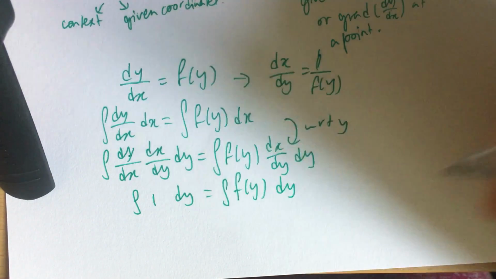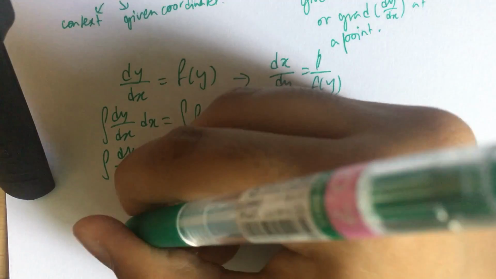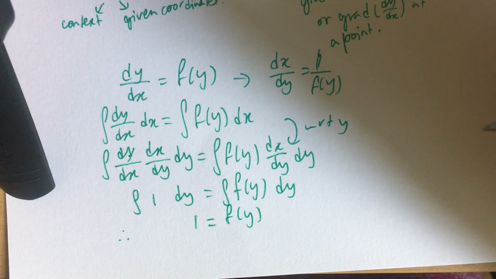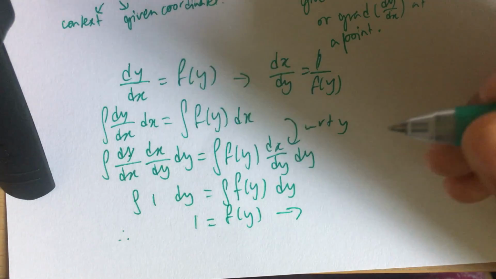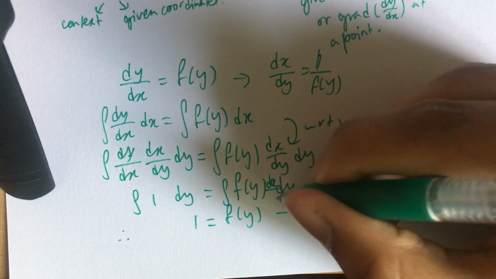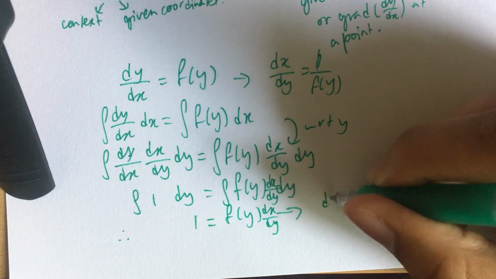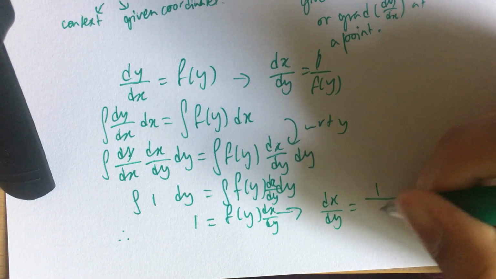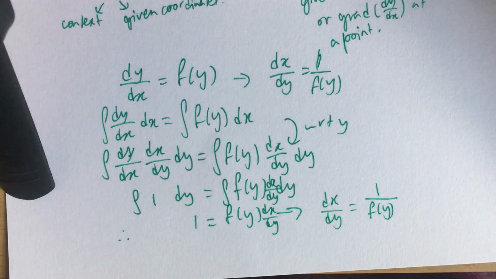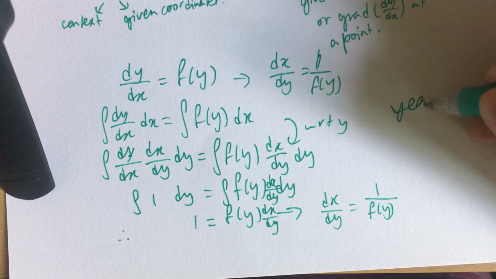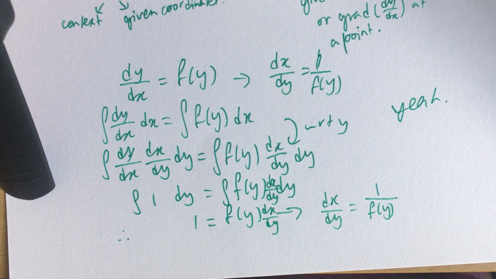If you were to think about it in a logical way, if you were to go from dy over dx and directly integrate both of them with regards to y instead, you would end up with this scenario where there's one here and there's one there, so it doesn't actually cancel out in a way.